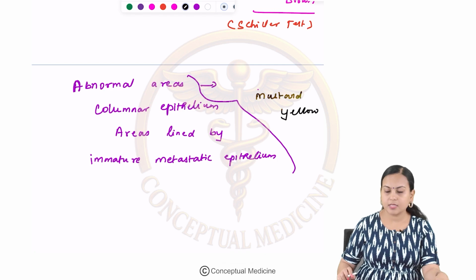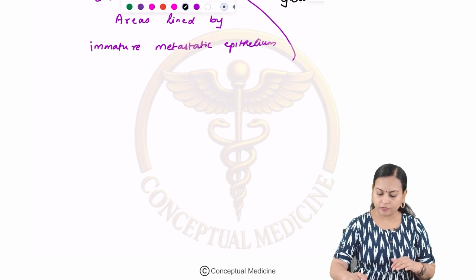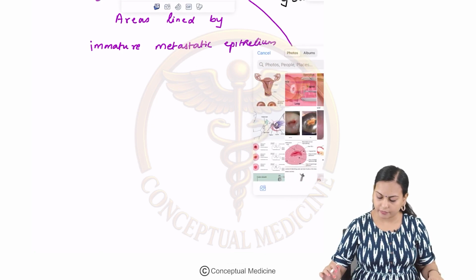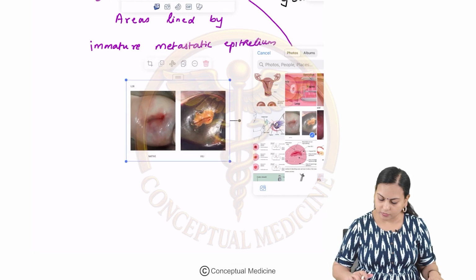This has the same specificity, advantages and disadvantages as visual inspection after acetic acid. This is how the lesions will be.